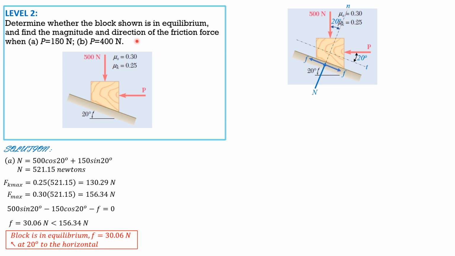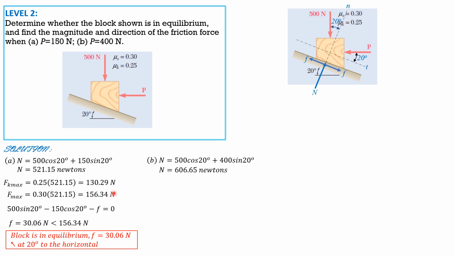Then for part B, P is 400. So let's solve for N again. N is 500 cosine 20 plus 400 sine of 20 degrees. So N this time is 606.65 newtons.